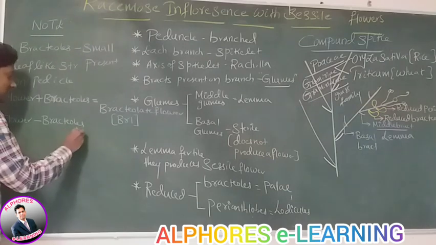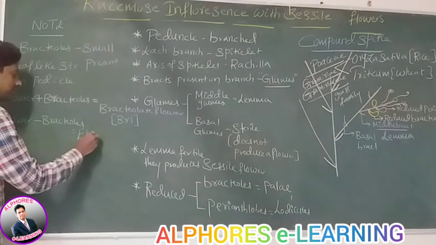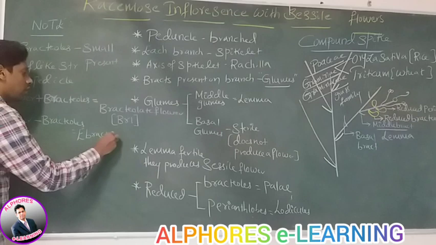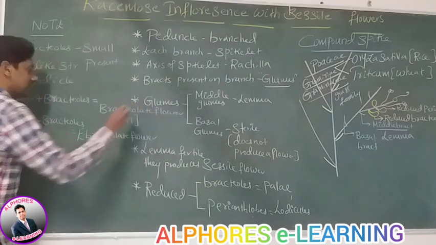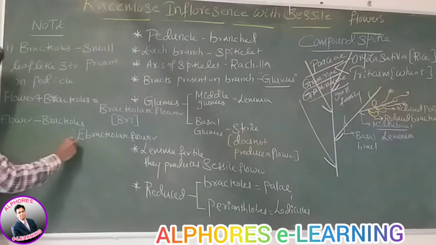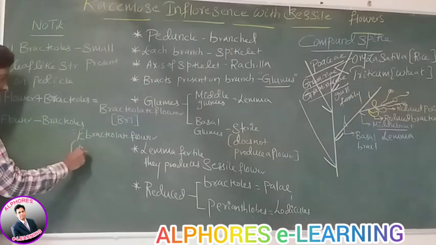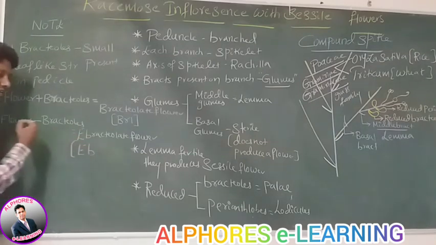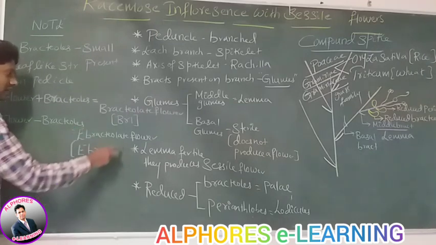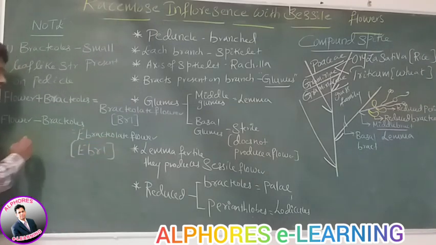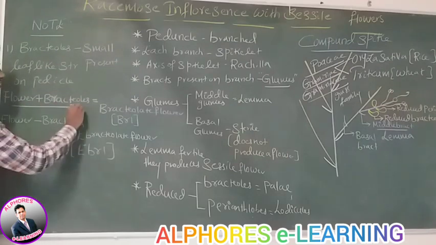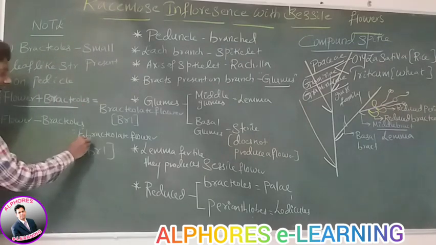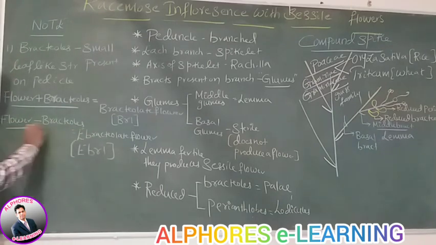Then that flower is called an ebracteolate flower. The symbol is capital E, capital B, capital R, capital L. Therefore, bracteolate flower is with bracteoles, ebracteolate flower is without bracteoles.